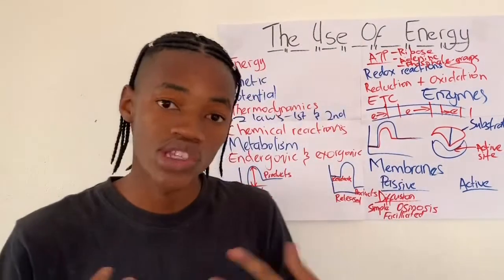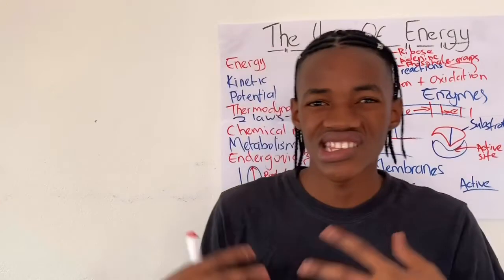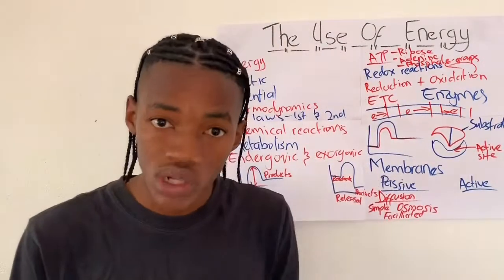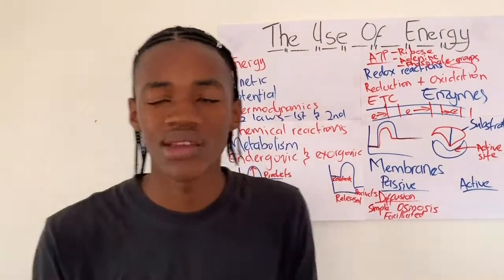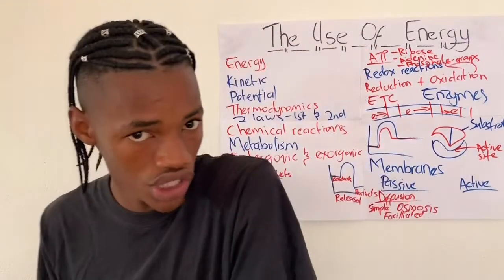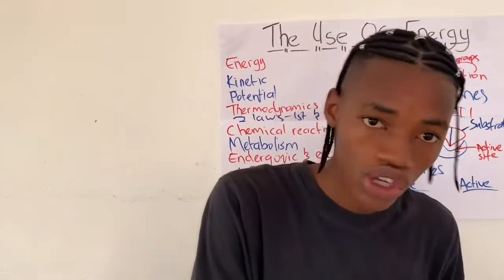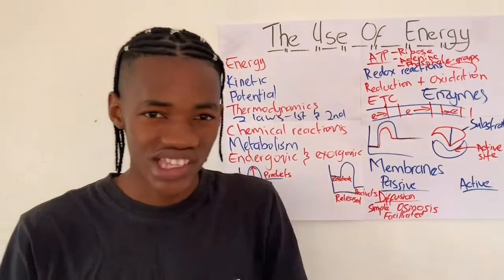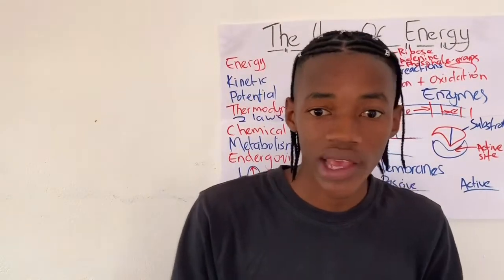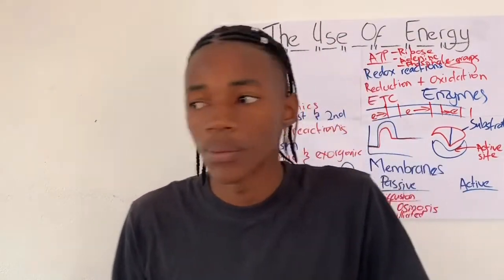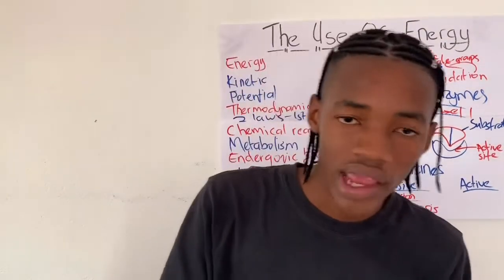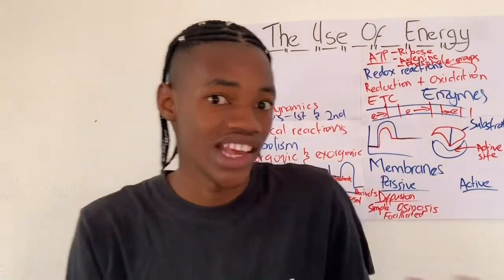And then we get osmosis. Osmosis is the special movement of water through a selectively permeable membrane. It is when water moves from where it is more concentrated to where it is less concentrated. And facilitated diffusion is when we require proteins to help the solute move from where it is more concentrated to where it is less concentrated.